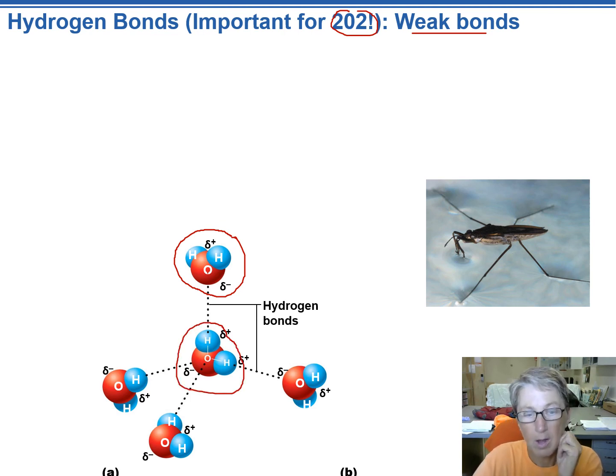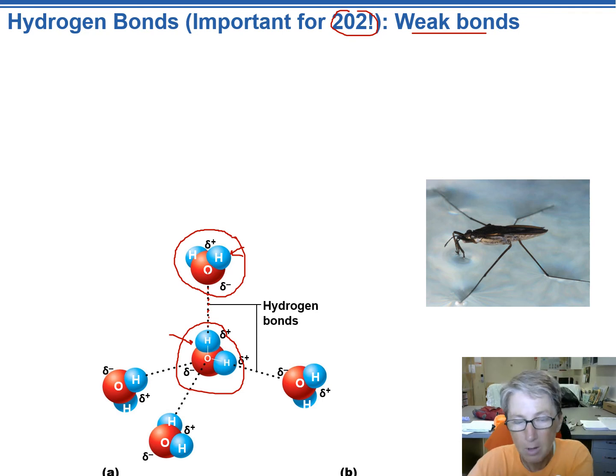Between the oxygen and the hydrogens, you have a polar covalent bond. Now that was within the molecule. Between the molecules, so between one water molecule and another water molecule, you have these little things. They're represented by dotted lines. Those are called hydrogen bonds.